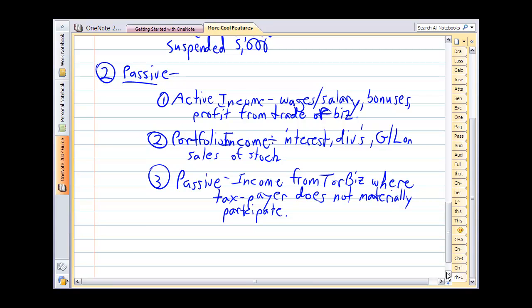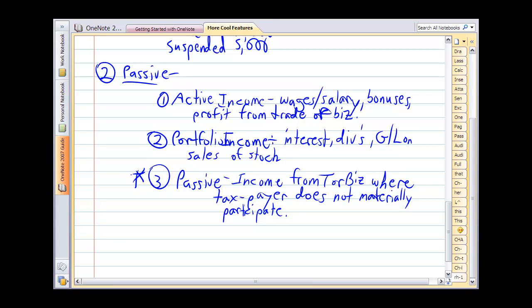Okay, so let's talk about this. Why is this considered passive, and why does the government limit your losses for this particular type of income? Well, the way I think about it is the IRS assumes that if you're materially participating in the day-to-day operations of a business, you're more likely to try to have it produce a profit.